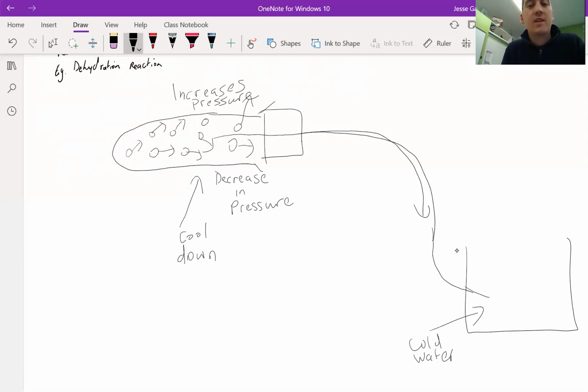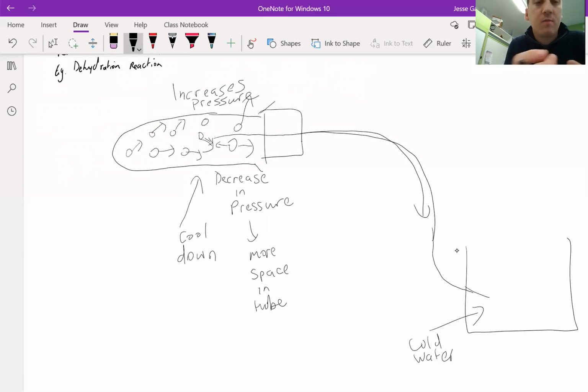Okay, and what that decrease in pressure does is it makes more space in the tube, because the particles aren't as expanded anymore. They're not moving about as much. So they start to stop moving as quickly, and they start to come closer back together again.